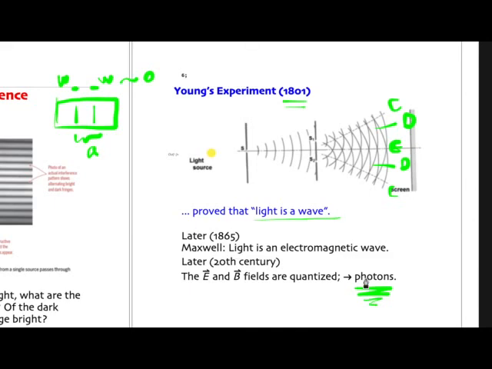Those photons undergo interference. So in that sense, they're not like particles. Well, actually, in quantum mechanics, even particles undergo interference.